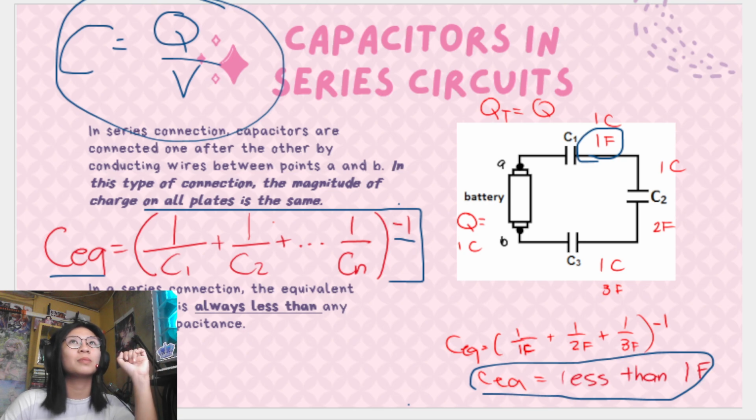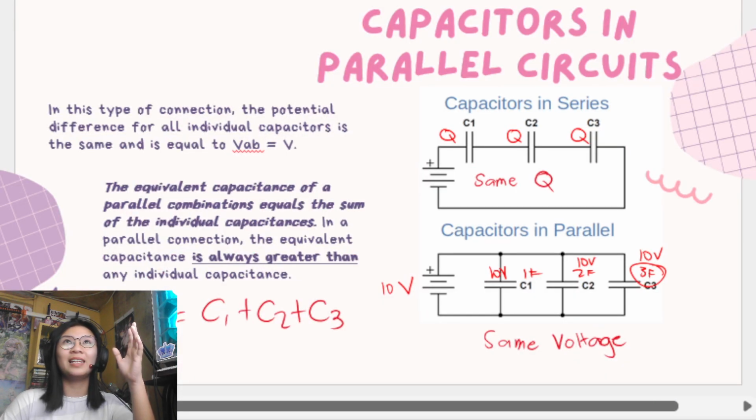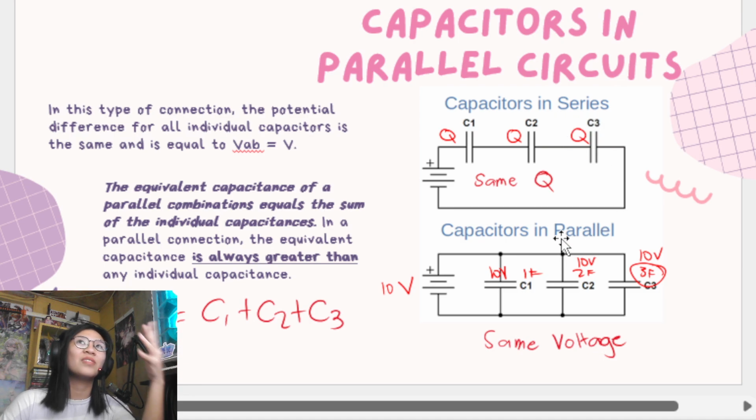So, okay, remember here in series, same sila og charge. But in parallel, no? So capacitors in series have the same Q, but in parallel, they have the same voltage, V. So VT, or 10 volts, is equal to V1, which is the voltage for C1, V2 for C2, and V3.